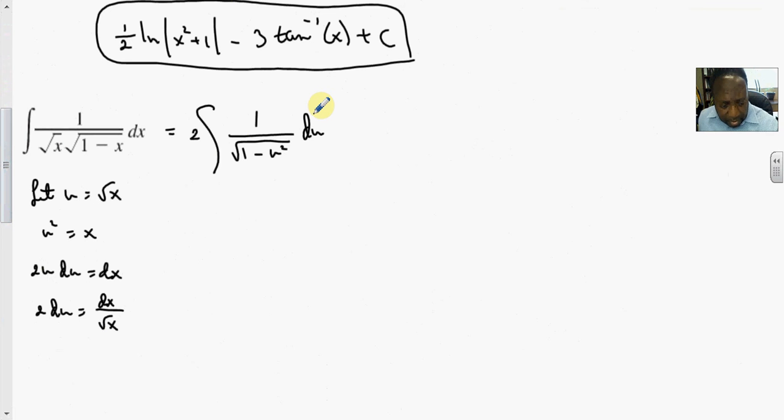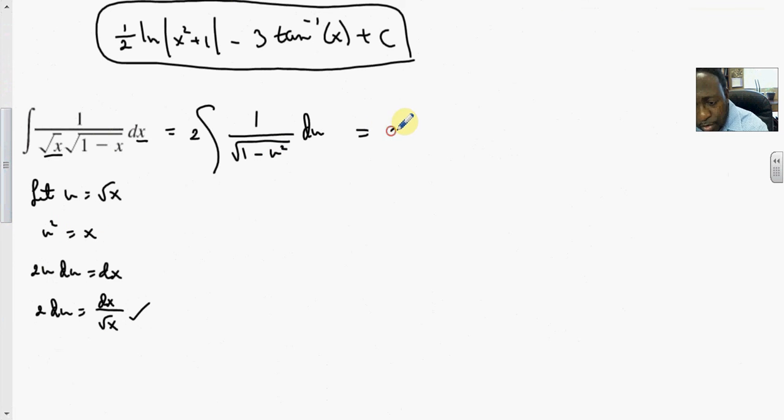Now, does that make sense? It does. 2 du is dx over the square root of x. And so we have left 1 over the square root of 1 minus here x, but x is u squared. So we got it.